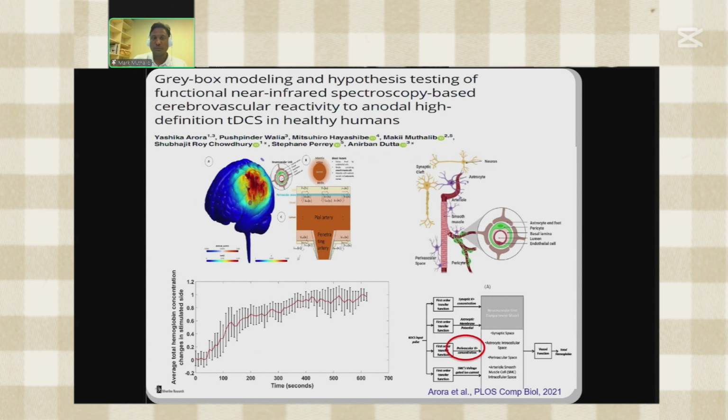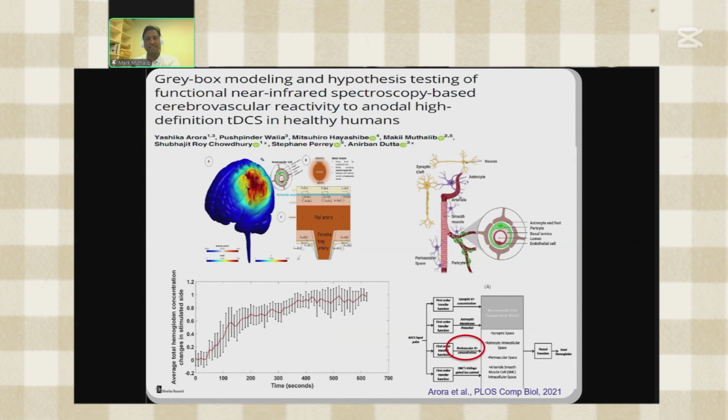This is some modeling work we did with a collaborator that showed where the stimulation is mainly affecting, and we found that the perivascular area, the nerves surrounding the small capillaries, are being modulated by tDCS.